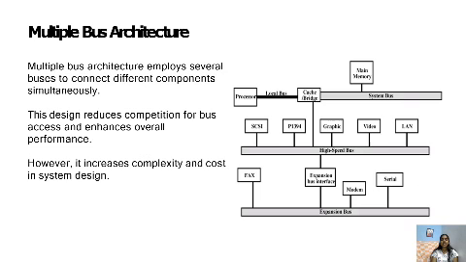And the next one is multiple bus architecture. Multiple bus architecture employs several buses to connect different components simultaneously. In single bus architecture, we have only one bus connected to the components, but in multiple bus architecture, we have different buses for different components.